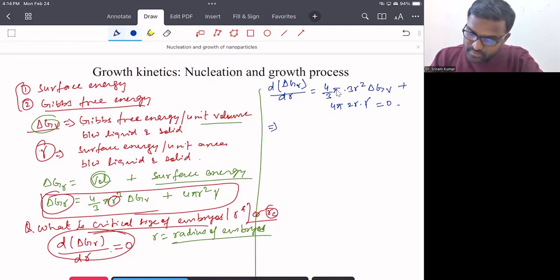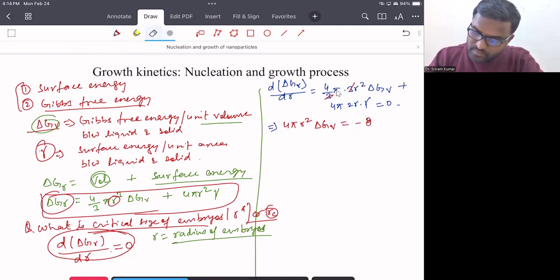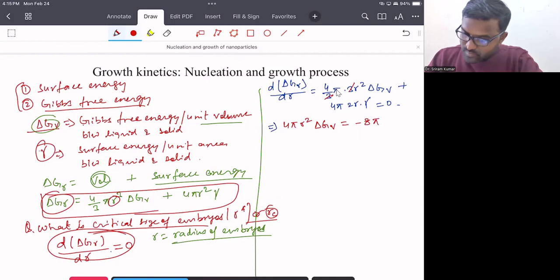If these 3s cancel out, we have 4π r² ΔGv is equal to minus 8π r γ, right?